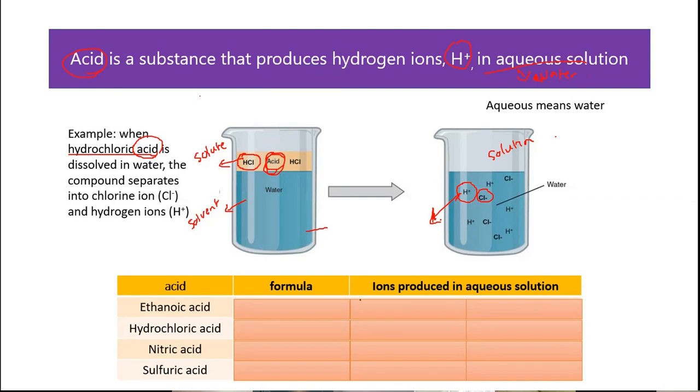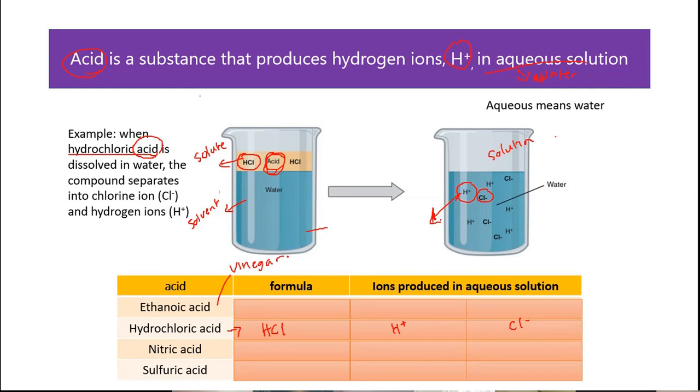Okay, let's identify from these pictures the formula of hydrochloric acid. What is the formula of hydrochloric acid? HCl. What are the ions produced when we dissolve hydrochloric acid in water? H plus and Cl minus. This is the ion. How about ethanoic acid? What is the formula of ethanoic acid? This is the vinegar, right?